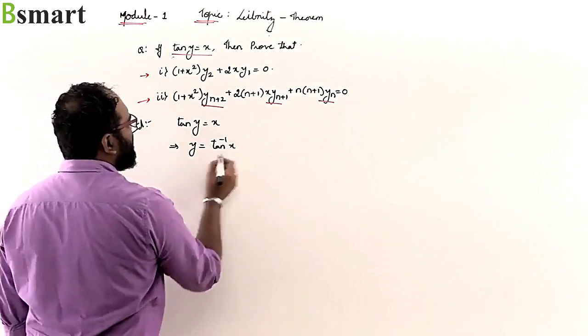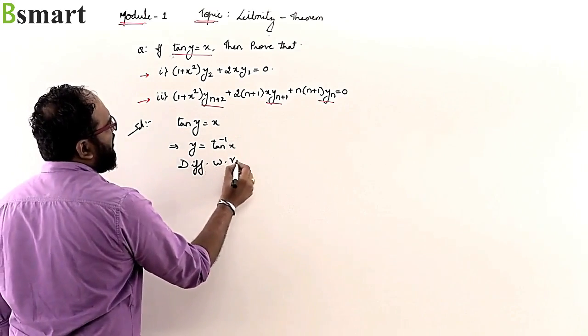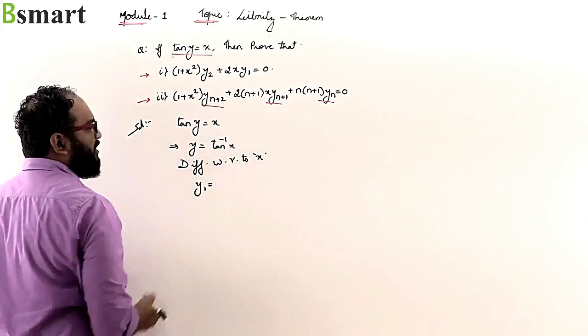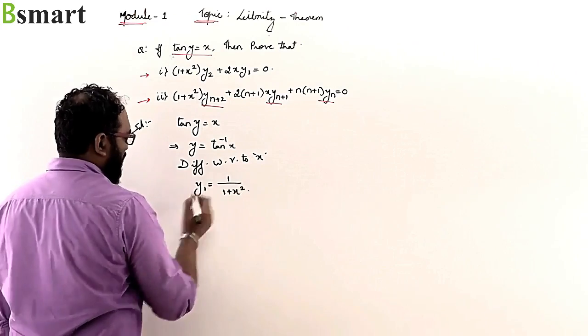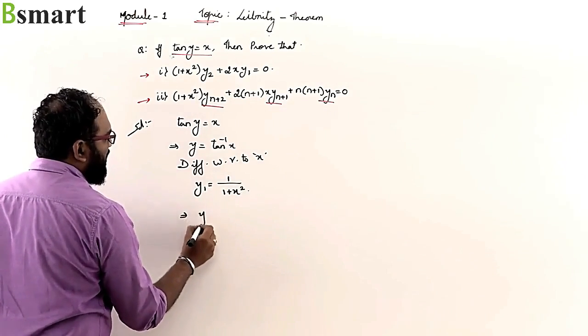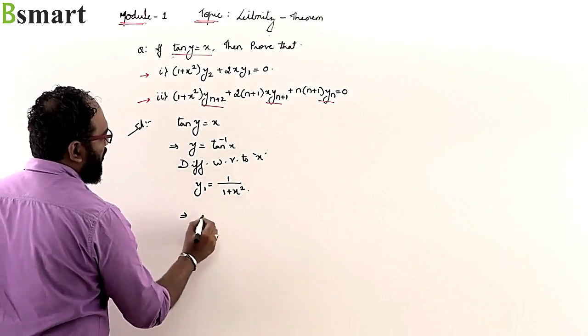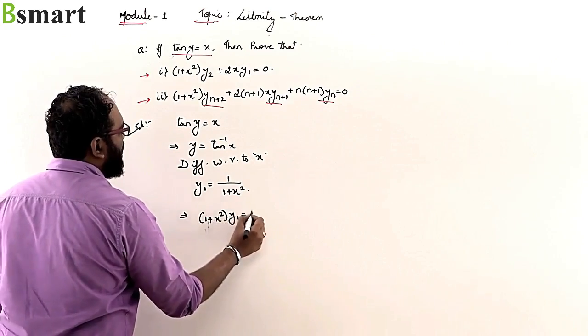So if we differentiate this with respect to x, then the derivative of y will be y1, is equal to derivative of tan inverse x, 1 by (1 plus x square), or I'll write this as (1 plus x square) into y1 is equal to 1.